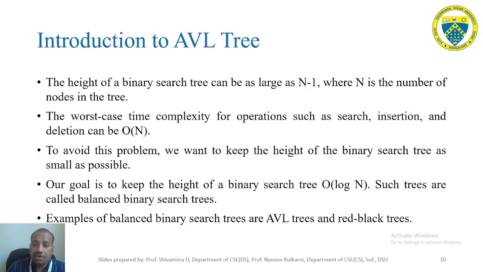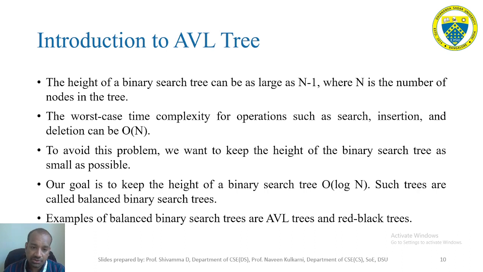When searching is optimal in binary search trees, if you have n elements, then the height of the tree must be log n. Then the search will follow the complexity of log n. If the number of nodes is equal to the height, then the binary search tree is not optimal for searching.